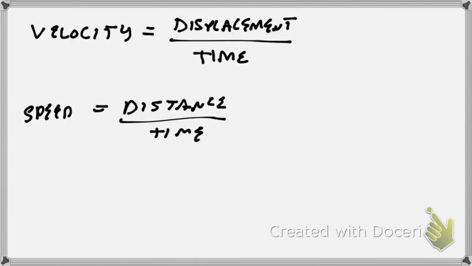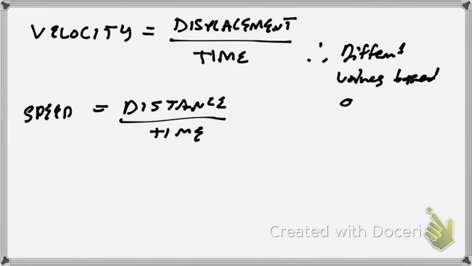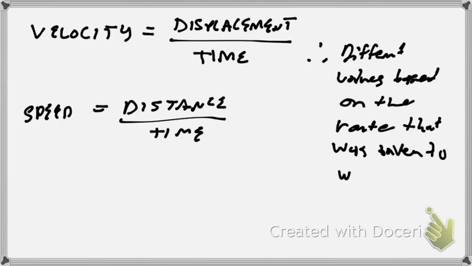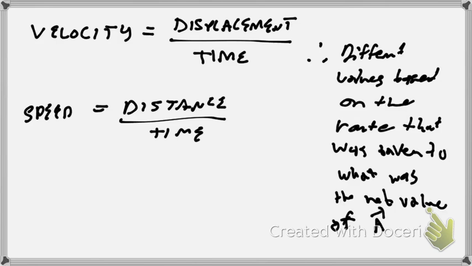What this is saying is that you can have different values based on the route that was taken to what was the net value of position A and position B. All right.